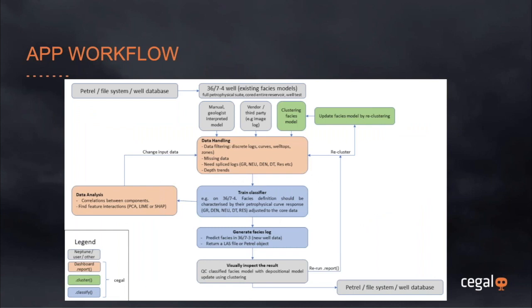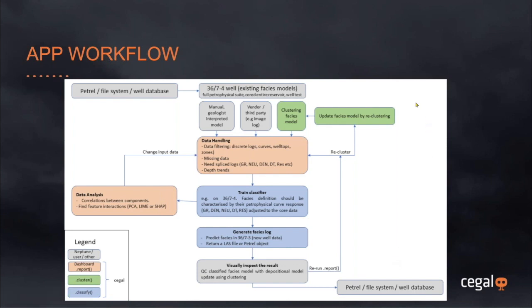The next thing we needed to do was to map out the app workflow. I'll go through this a little quickly, because it's maybe not the most interesting for most of you. In wide terms, we have some sort of database where we collect our data from, and then we write data back to that same database.